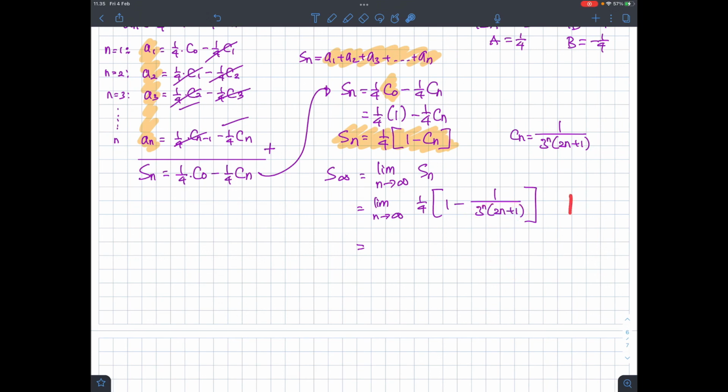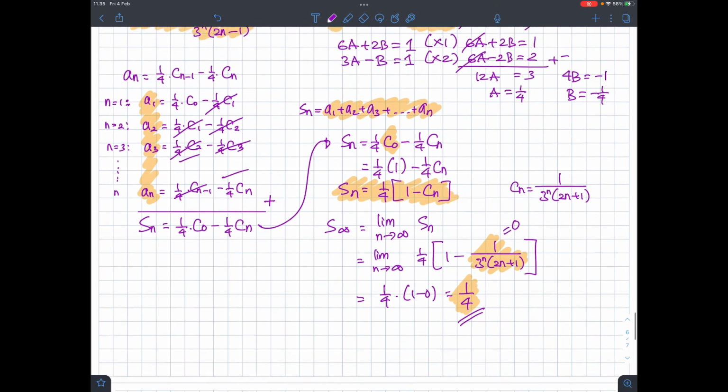And when you divide 1 by a very big number, it should be very close to 0, right? So this part will be 0. And the final result is 1/4 times 1 minus 0 is 1/4, yeah. So this is the final answer for the infinite sum.